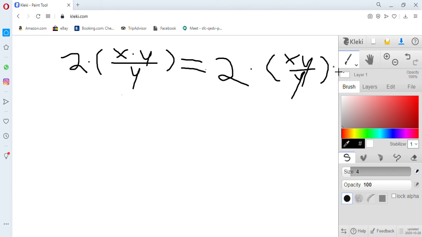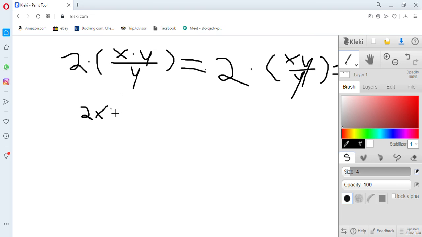And then that would equal, when you have a number and you multiply by a fraction, you multiply the number by the numerator, which is xy. So you're going to combine 2 and xy together, so that'll make 2xy.